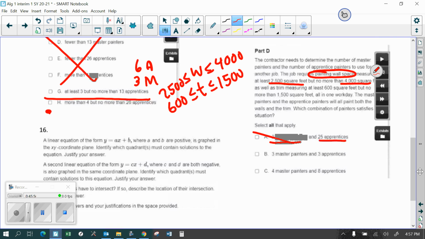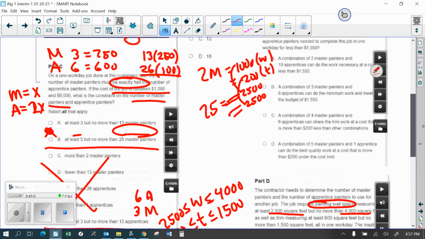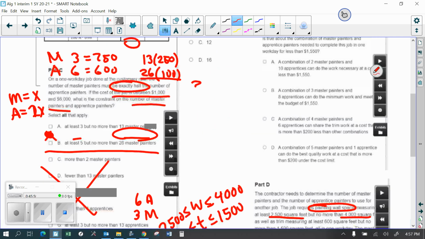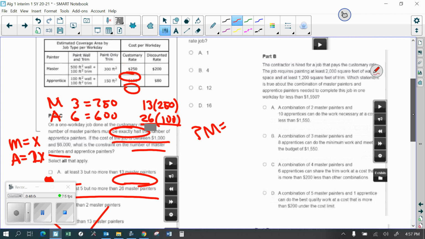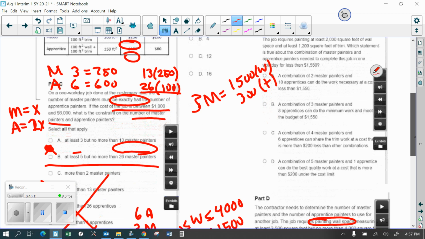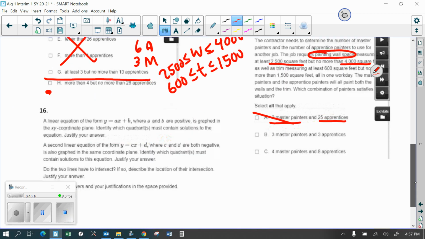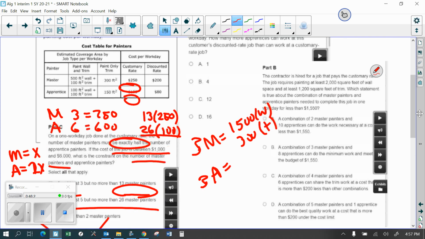3 master painters and 3 apprentices. 3 masters gives me 1,500 wall and 300 trim. 3 apprentices gives me 300 and 300.